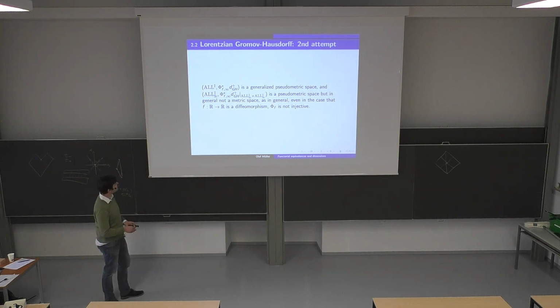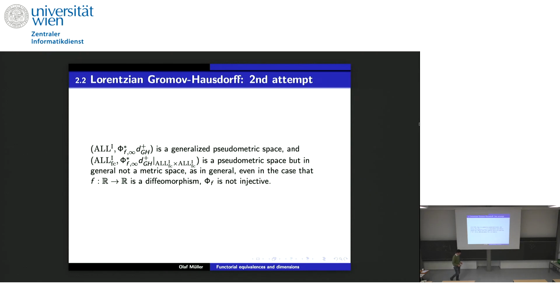It boils down to taking the essential supremum, and then we have a metric. But this is actually for this purpose the worst approach, because it would not even, in the case that this f is a diffeomorphism, be injective. You can construct concrete examples of Lorentzian length spaces which you can't distinguish by their induced Noldus metric, so to say.